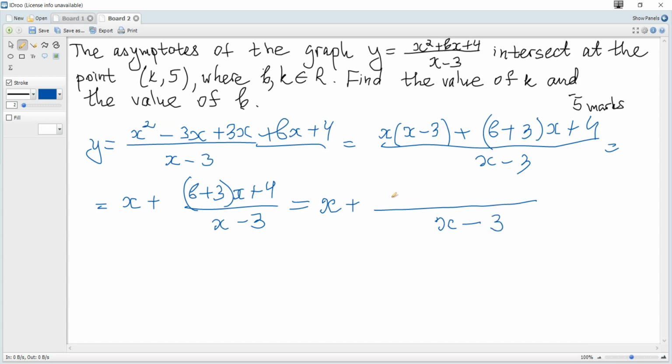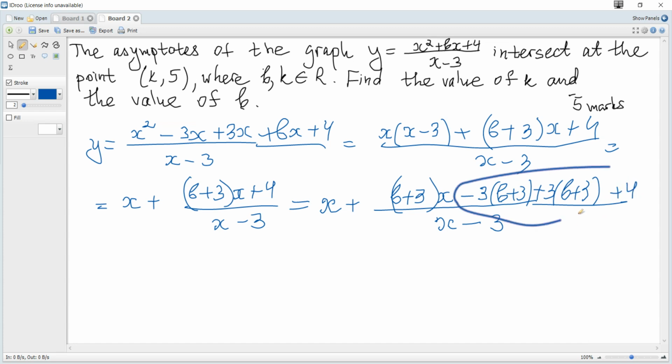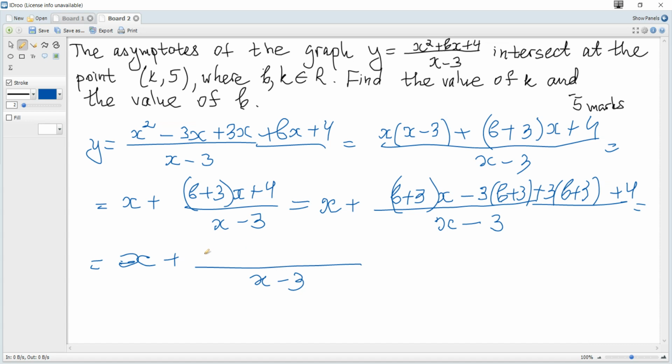So b plus 3 x minus 3 b plus 3 plus 3 b plus 3 plus 4. It's 0. I just subtract and add the same expression, and now you can see that, hence, we get, if we factor out b plus 3, we get x minus 3 plus 3 b plus 3 plus 4.